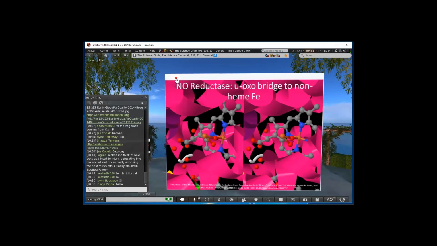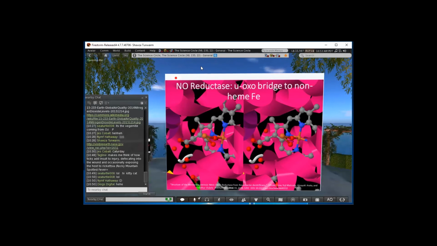Okay, so we've got what I would call a mu-oxo dimer. Mu means bridging. Oxo is what an oxygen atom is called when it's bridging, and it's sandwiched in between the 2 iron atoms. We've got an example here of a heme attached to a non-heme iron.